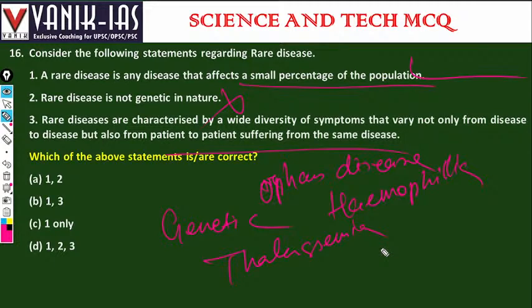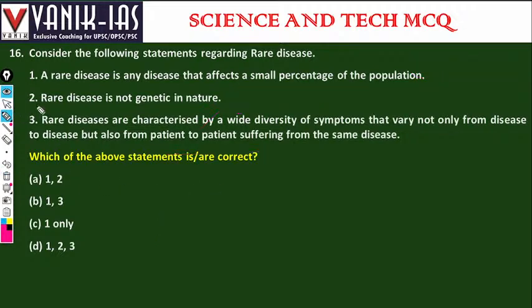These are rare diseases. So rare diseases can be genetic in nature, affect a small percent of the population, and have a wide variety of symptoms that differ from patient to patient. So options 1 and 3 are the right options regarding rare diseases.